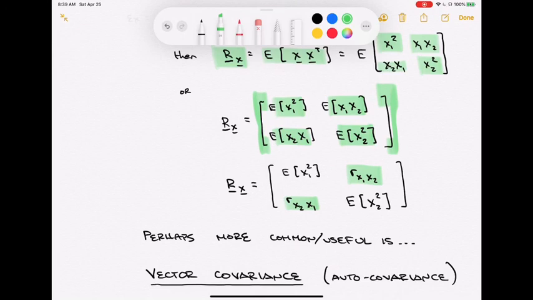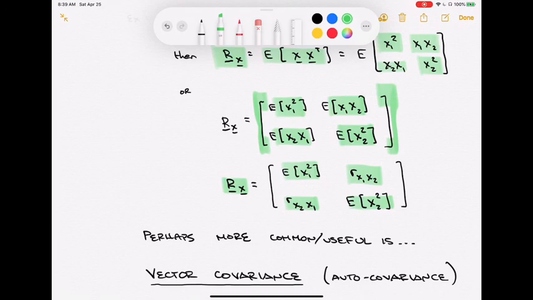And this is always the case. So in this autocorrelation matrix, we're going to get a diagonal of expected whichever variable it is squared, all the way out to however many we have, n of them. And then all the off-diagonals are going to be these correlation functions between all the cross terms, x1 x2, x1 x3, and so forth.